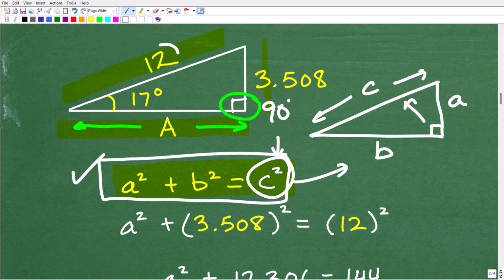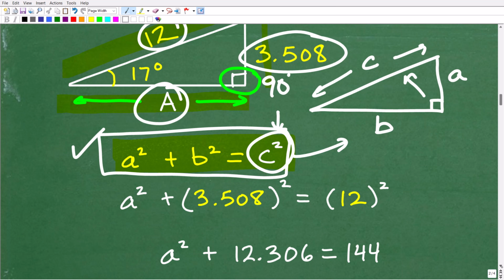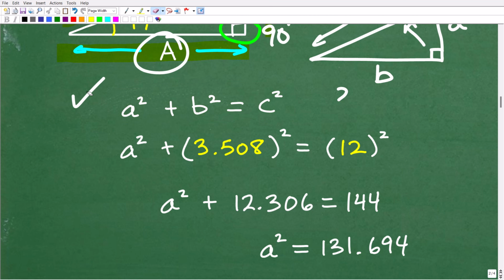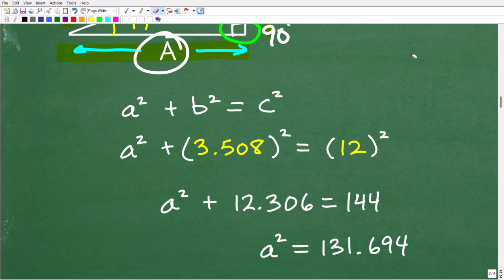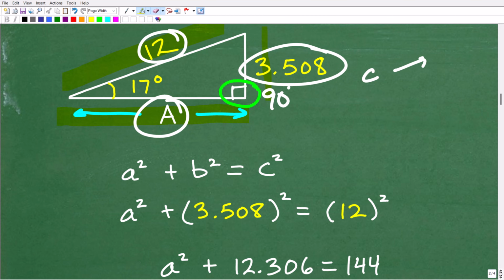Okay, so here we have the hypotenuse and we have another side. We'll call this, let's say, side B. Okay, so let's solve for side A, and we're just talking about basic algebra here. And this is going to set up a simple quadratic equation. So let's plug in our information into the Pythagorean Theorem and solve for A. Okay, so we'll label side B as this side right here.